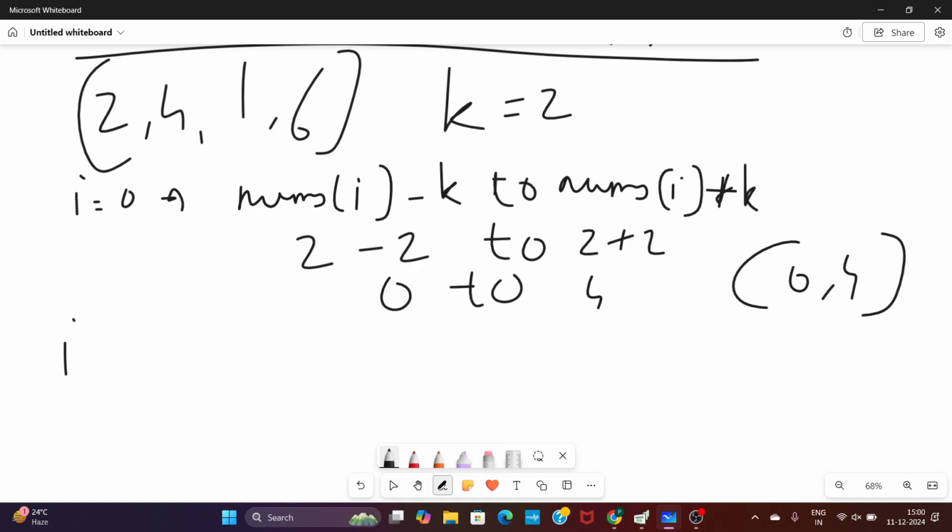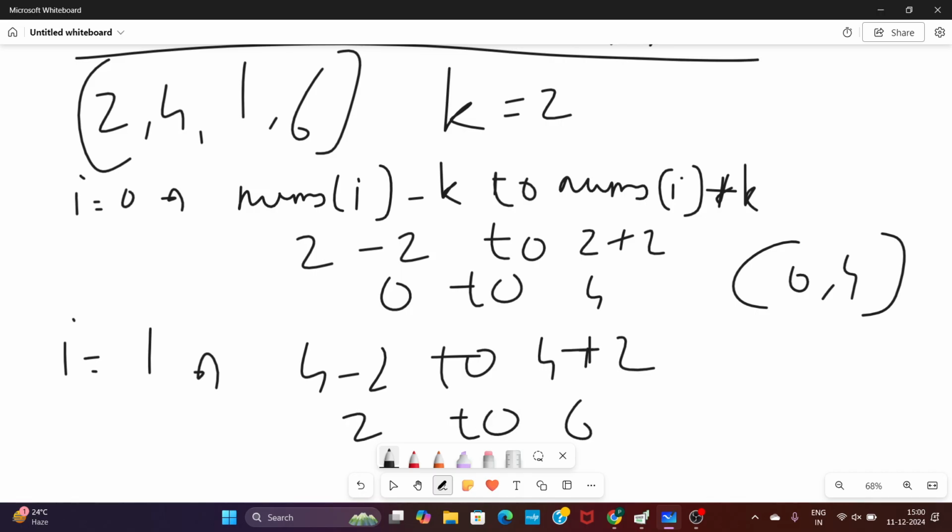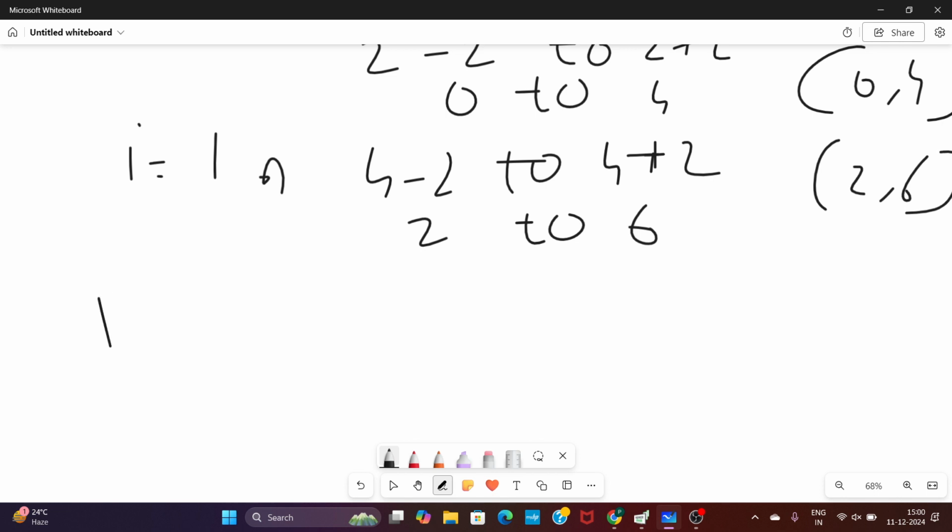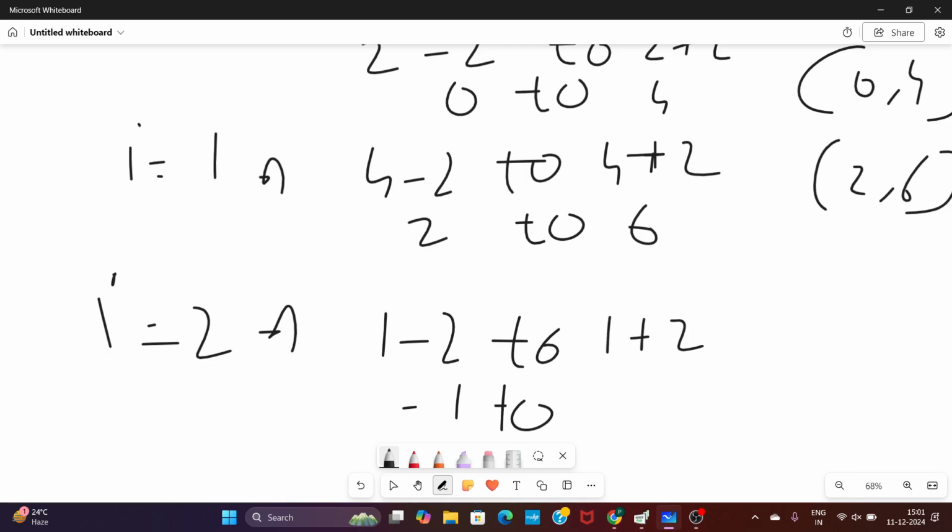Then i equals 1, nums of i is 4. 4 minus 2 to 4 plus 2 is 2 to 6. Then i equals 2, nums of i is 1. 1 minus 2 to 1 plus 2 is minus 1 to 3.